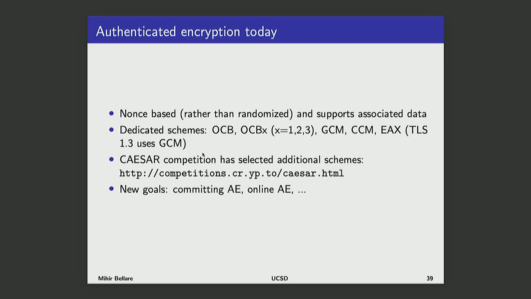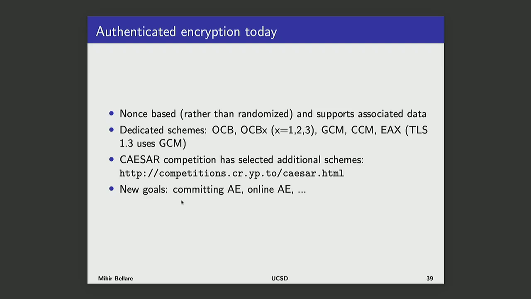And there's a bunch of schemes like this. There was so much interest in this that there was an entire competition called CAESAR, which put out a call for people to submit designs to build new authenticated encryption schemes, and then there were winners of that competition and so forth. And finally, on the research front, there's been an evolving sequence of goals and security attributes.